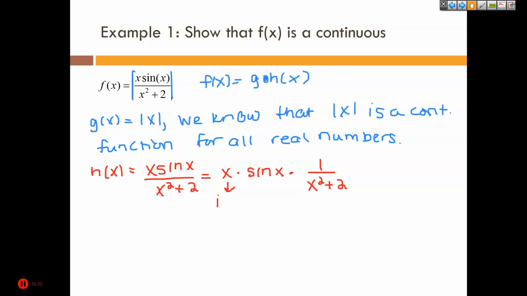X is linear and therefore continuous. Sine x is continuous on its domain. And 1 over x squared plus 2, well, the denominator can never equal 0, therefore continuous.